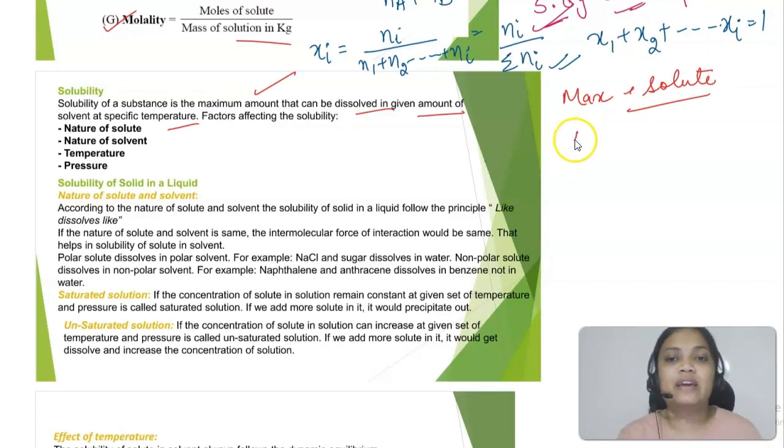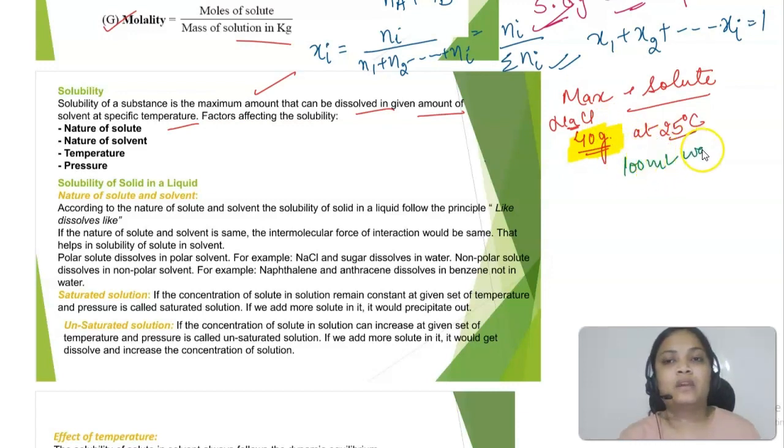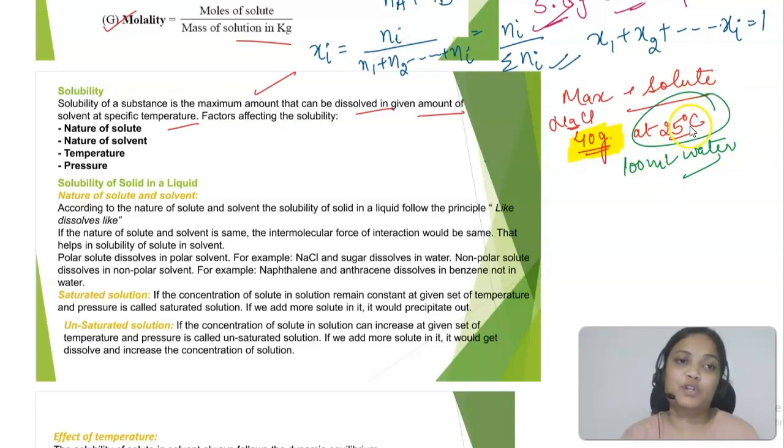Let's say if I say that the solubility of sodium chloride is 40 grams at 25 degrees Celsius. I'm just taking a random value. That means the maximum amount of sodium chloride that I can dissolve in, let's say, 100 grams of water or 100 ml of water is 40 grams at this temperature. So that is the solubility.